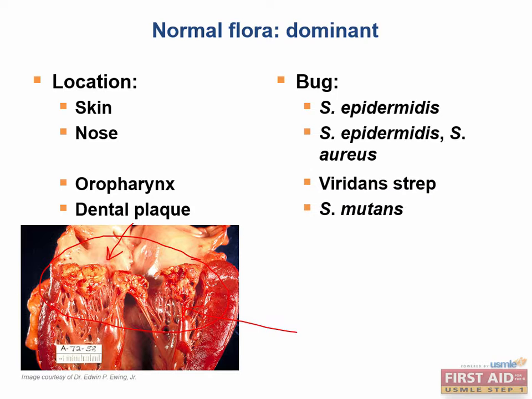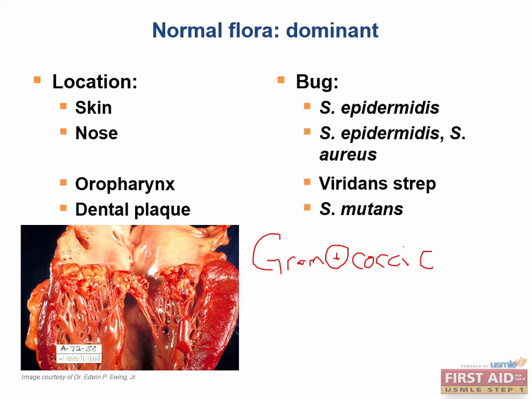Before we move on, what would you see on a gram stain of strep viridans? Remember, you would see gram positive cocci, but this time you would see them in chains. Remember, Streptococcus species are gram-positive cocci in chains.